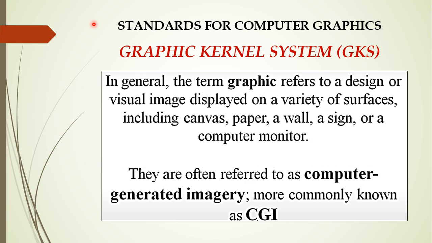When you draw the same thing on a computer, it becomes computer graphics. It is represented as computer generated imagery, or CGI. CGI just means the drawings or the images which you are creating with the help of the computer.